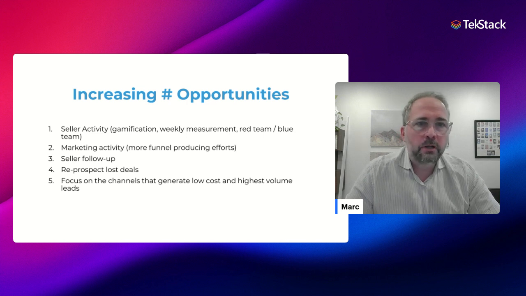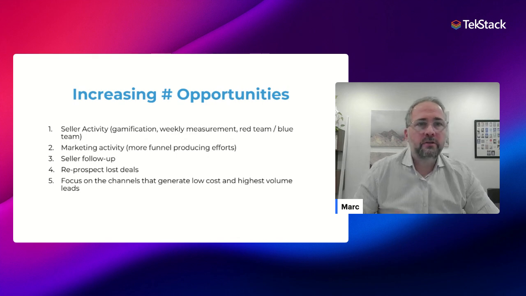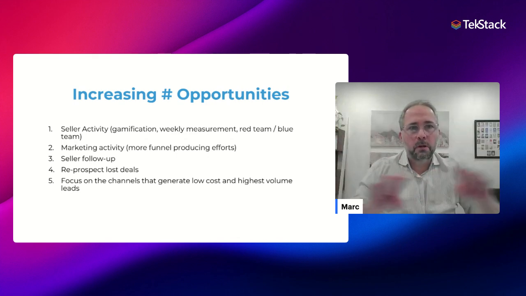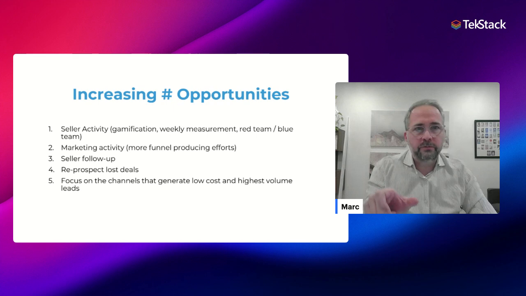There's a lot of things marketing can do to get up in terms of their activity. What I would almost recommend doing is creating units of production. So instead of having sales and then having marketing, I would actually create teams with one seller and one marketer.